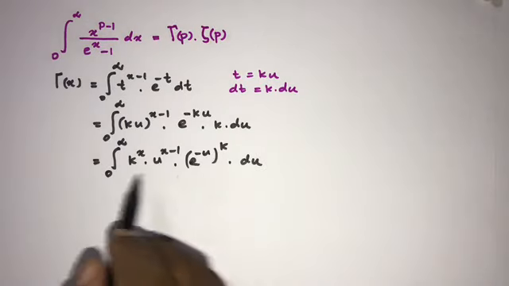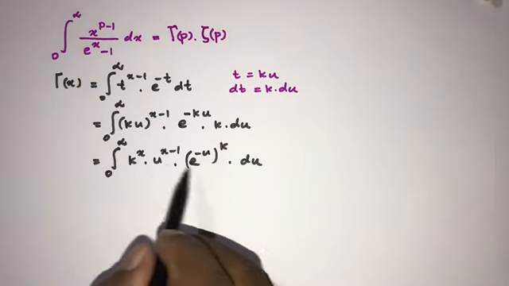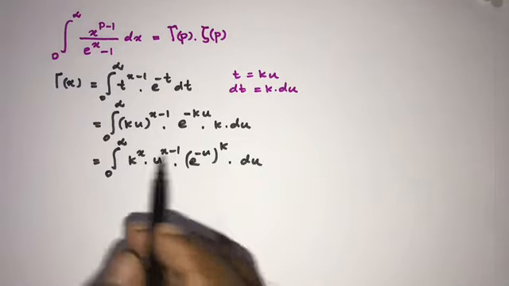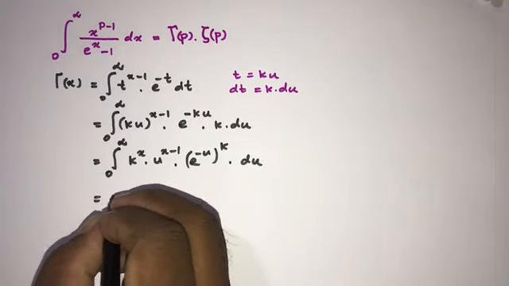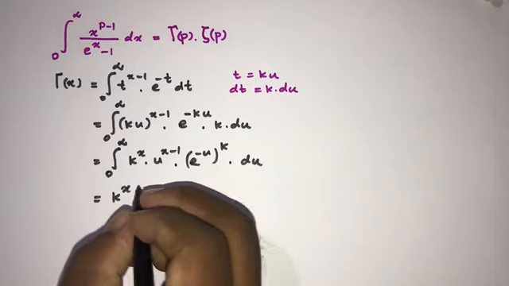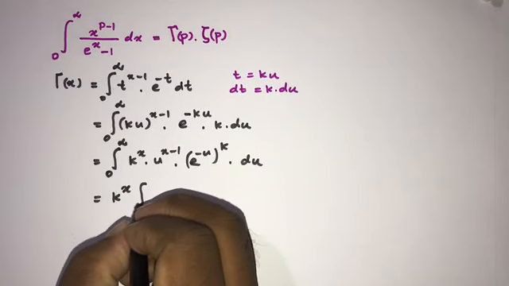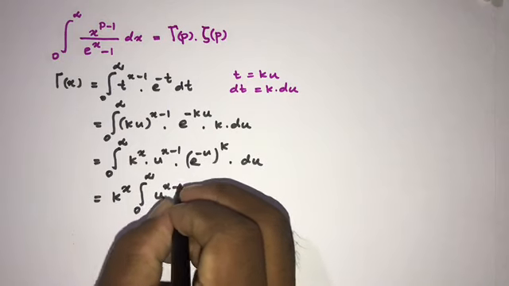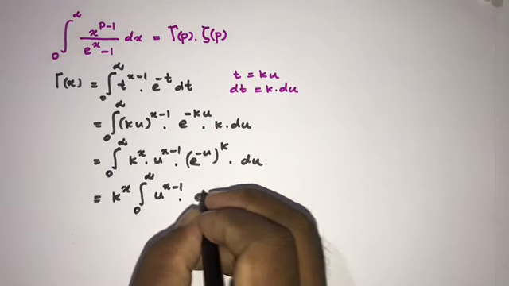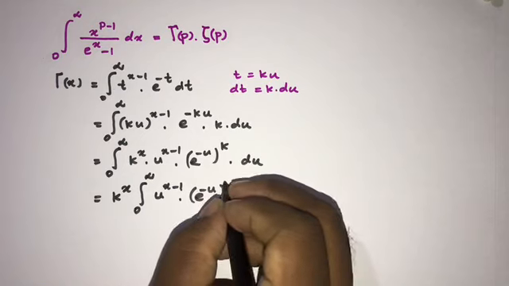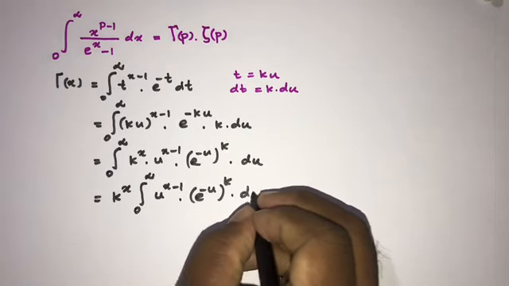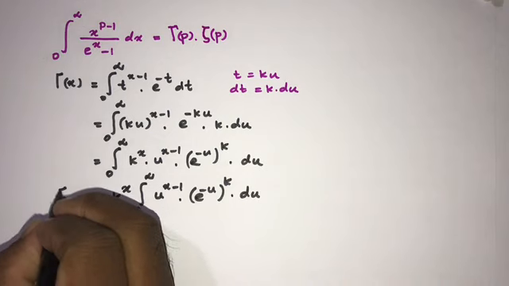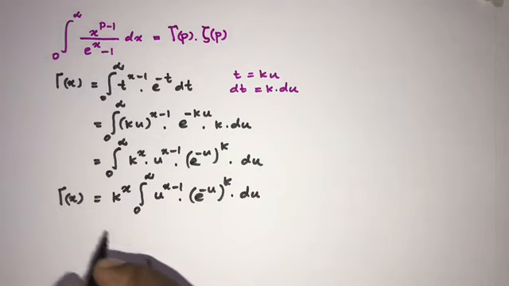Well, now we are integrating with respect to u, so k to the x is a constant, and we can write it outside of the integral sign: k to the x times the integral from 0 to infinity of u to the x minus 1 times e to the minus u to the k power du. Well, now we know this is gamma of x.